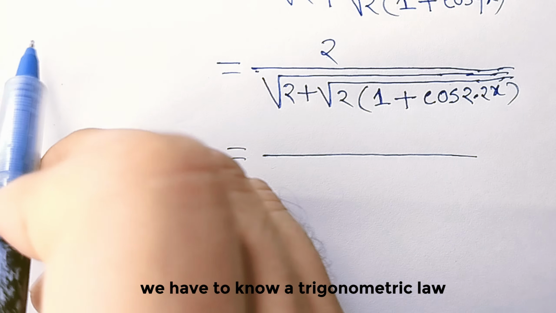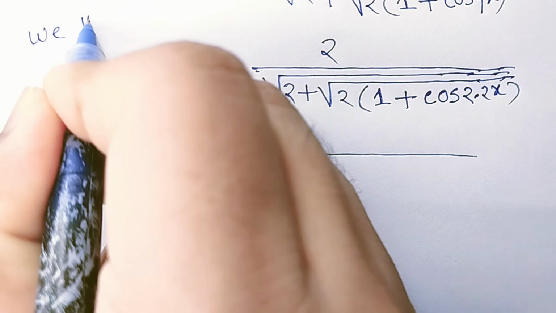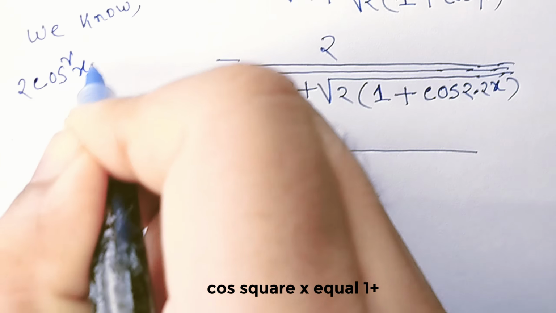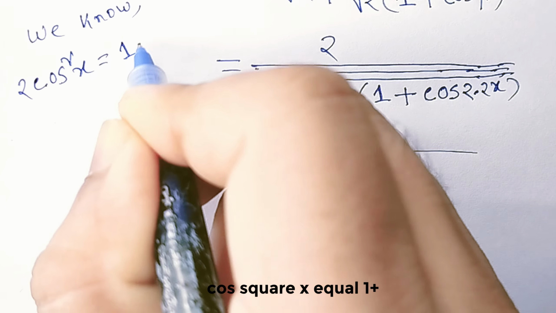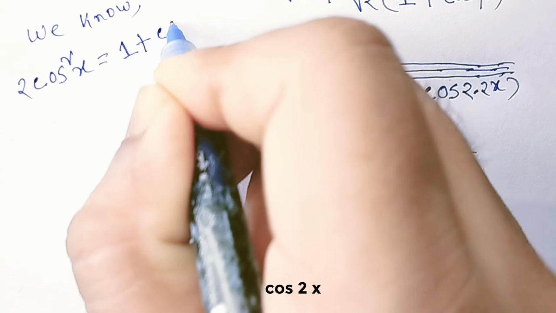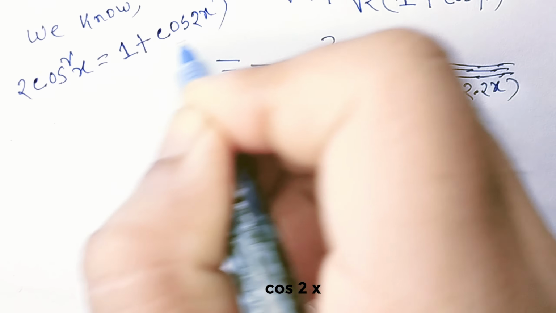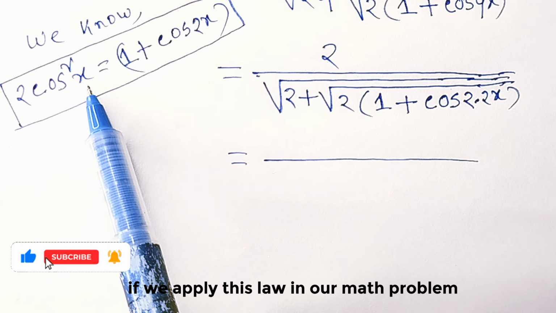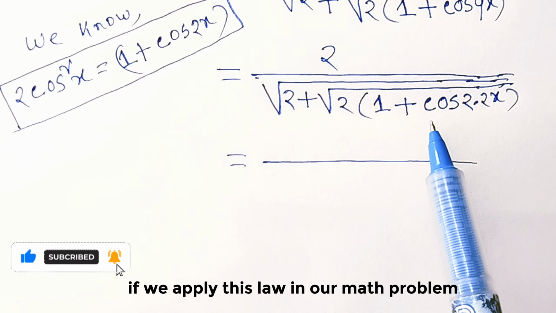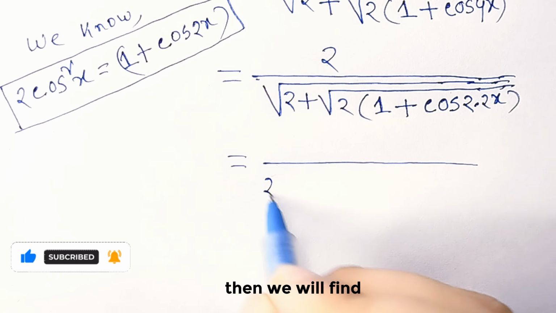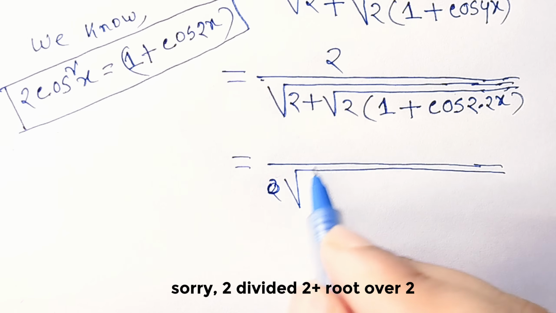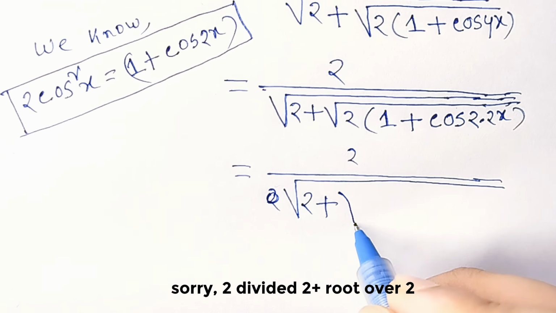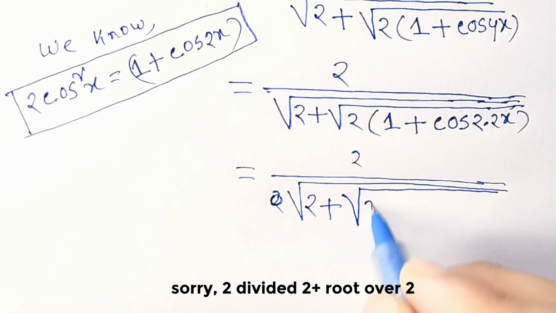We have to know a trigonometric law: 2 cos square x equals 1 plus cos 2x. If we apply this law in our math problem, then we will find 2 divided by root over 2 plus root over 2.